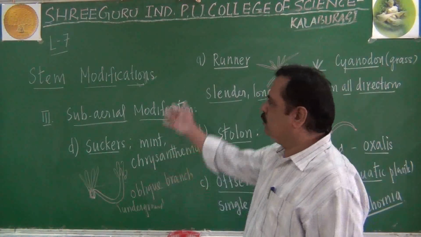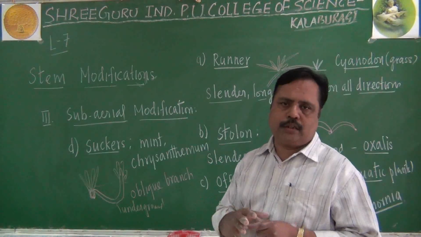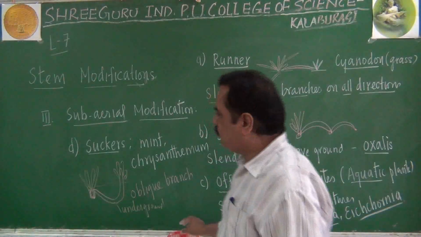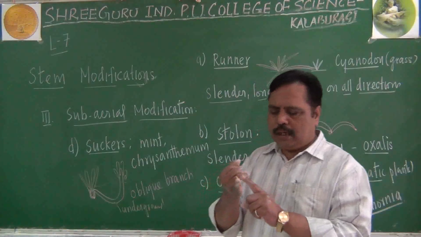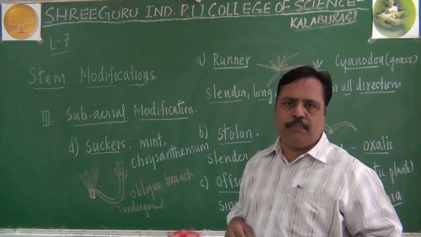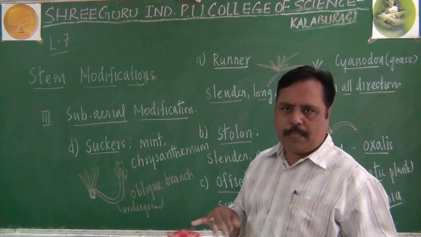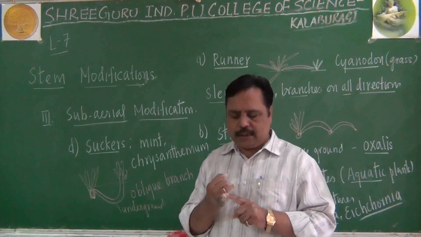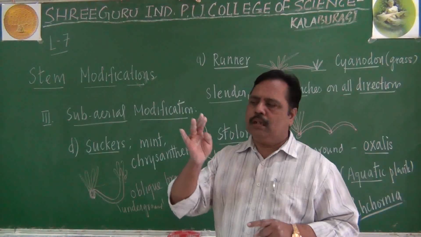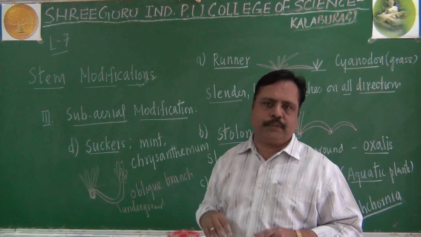So dear students, we have seen stem modifications completely so far. In the stem modifications, let me tell you here, underground modification, aerial modification and subaerial modification. These 3 points we have to remember. In underground modification, we have seen rhizome, corm, stem tuber and bulb, 4 types.